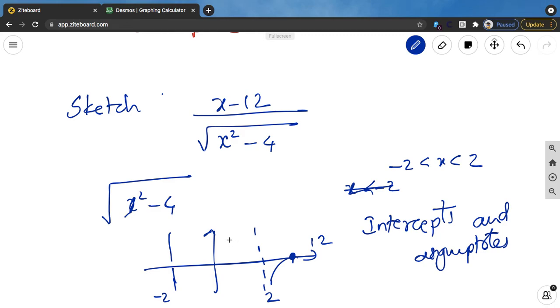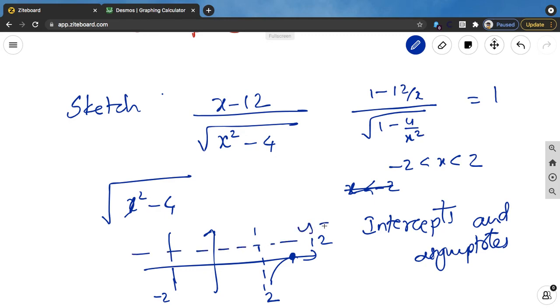The horizontal asymptote, when x becomes very, very large, the y value is close to 1, because I'm dividing numerator and denominator by x. X when it goes into the square root becomes x square, so that's the reason. And when x becomes very, very large, this 12 by x and 4 by x square will become negligible, and I'll be left with y equal to 1. So the horizontal asymptote is y equal to 1.